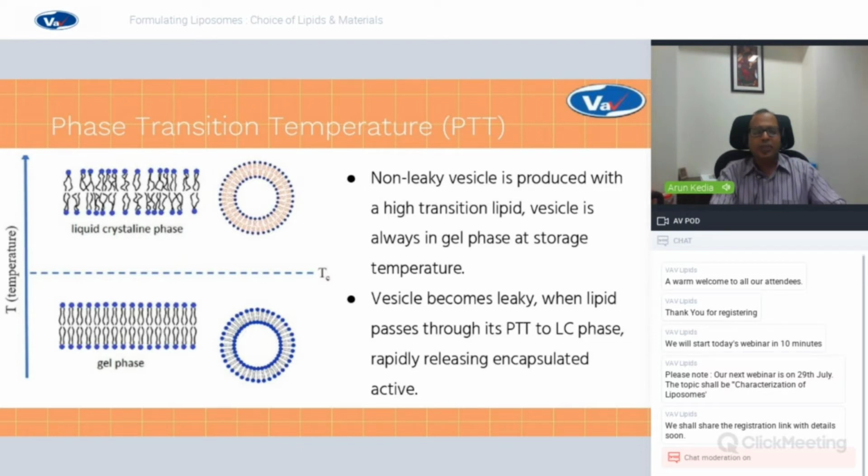If the liposome continues to be in the gel phase in vivo, then you will have a much slower, prolonged or sustained release. And then obviously, the vesicles become leaky when the lipid passes through its PTT to the liquid crystalline phase, rapidly releasing the encapsulated active.